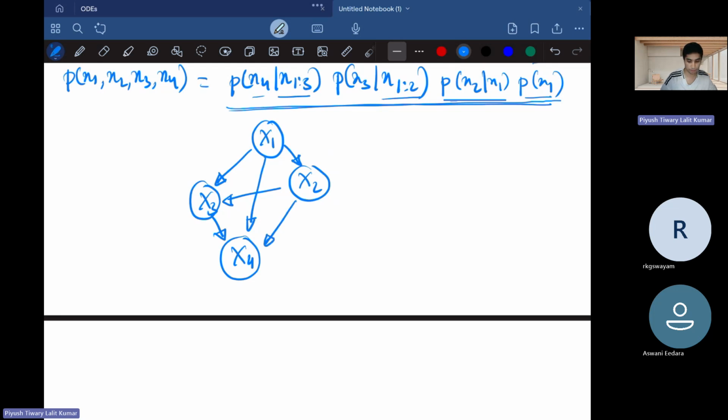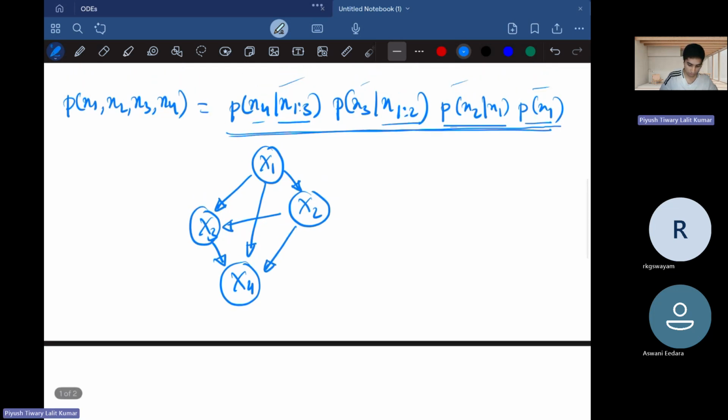Something like this. This is now a probabilistic graphical model, a PGM. You can always take a decomposition like this and construct a corresponding PGM.